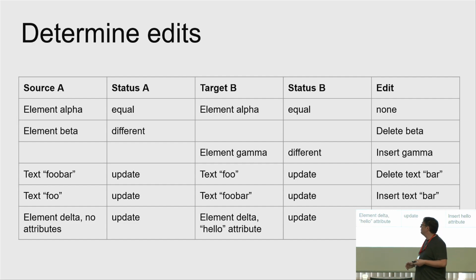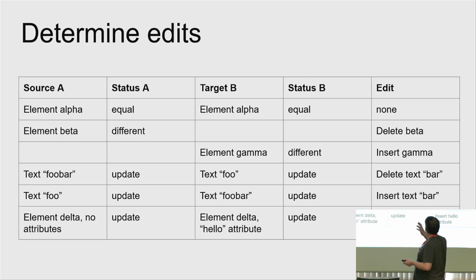And then once you have marked everything, if you've marked an element as equal, then there's no edit, it's just the same. But if you have a different element on the A side and you haven't been able to associate it with anything in B, then you assume it's been deleted. And if you have something different on the B side, you find an element and it's different, you haven't found an update or an equality there, you assume it's an insertion of that element.